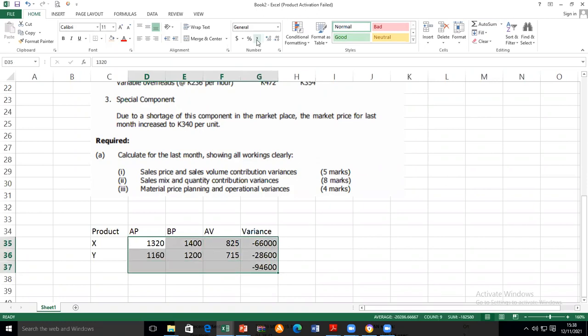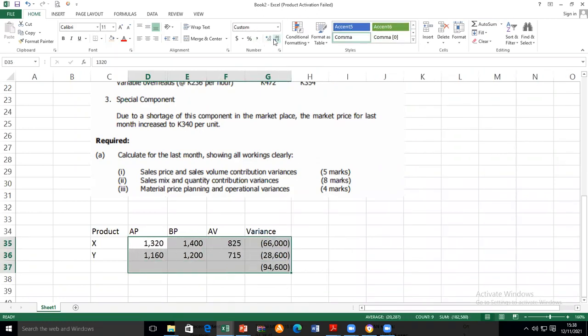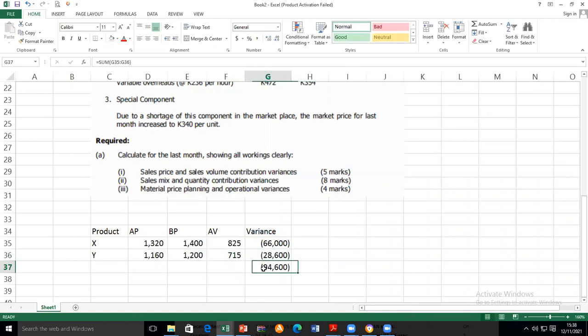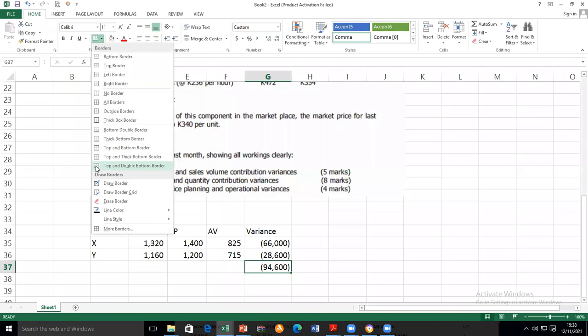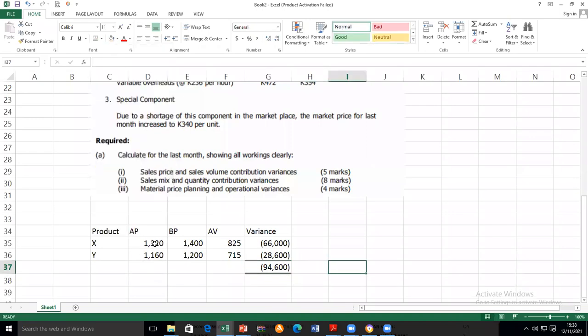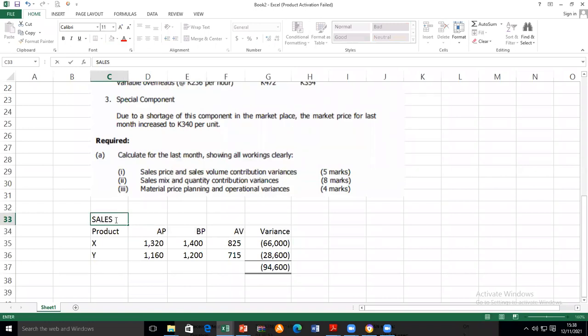That's what we have, people. So here is just a practice of the formula. That's your sales price variance.